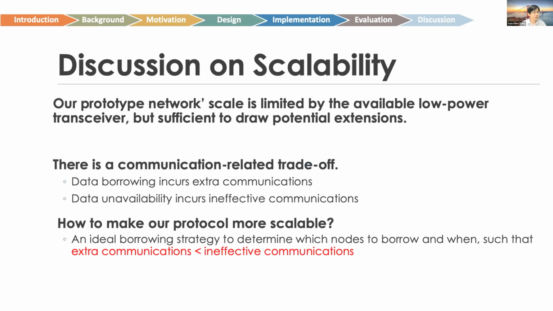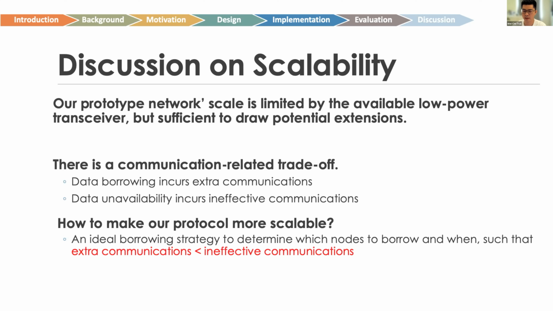Okay, so we have mentioned that there is a communication trade-off. Data borrowing incurs extra communications, but data borrowing can also reduce the time of the task being blocked. So we have some heuristic ideas.